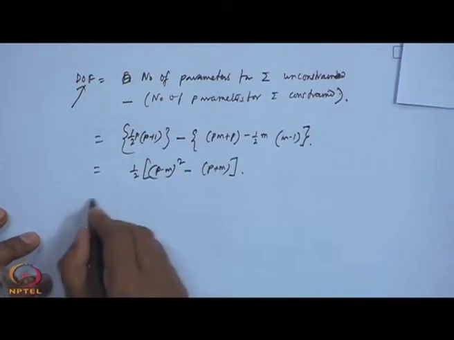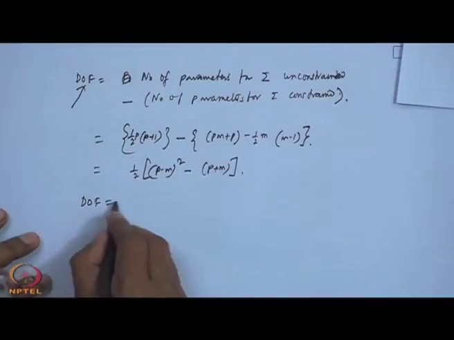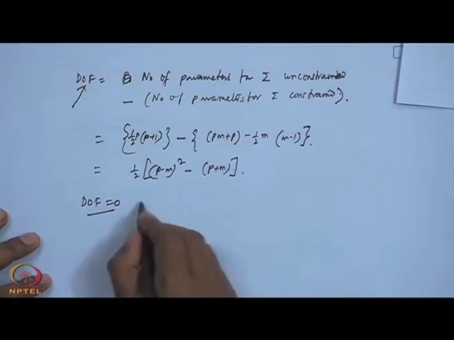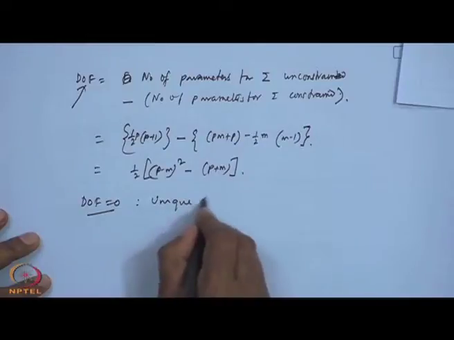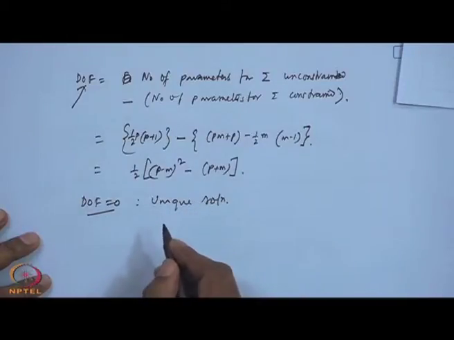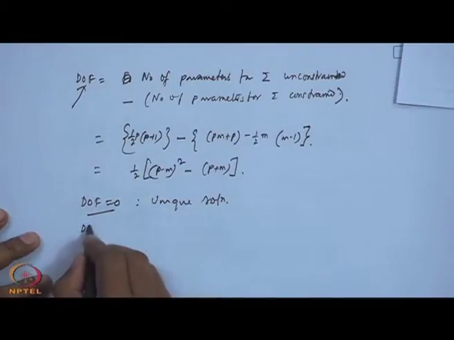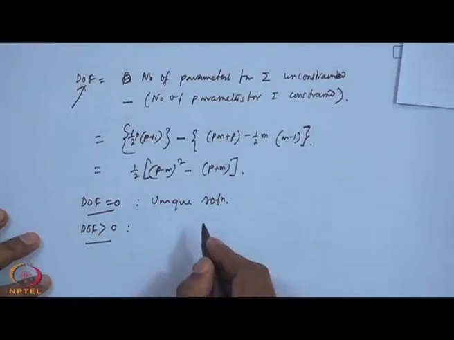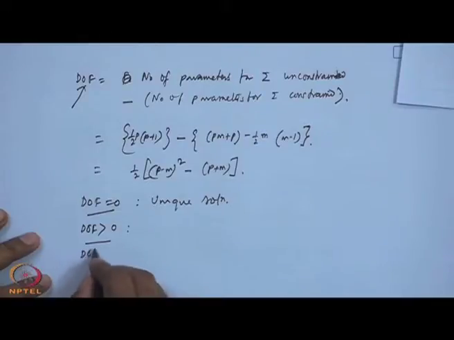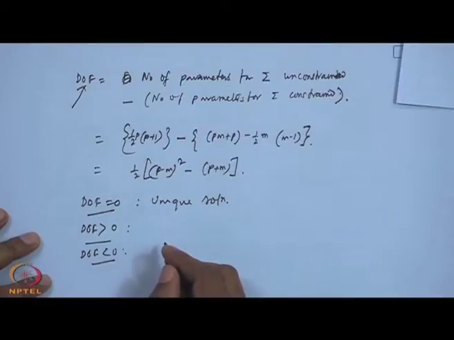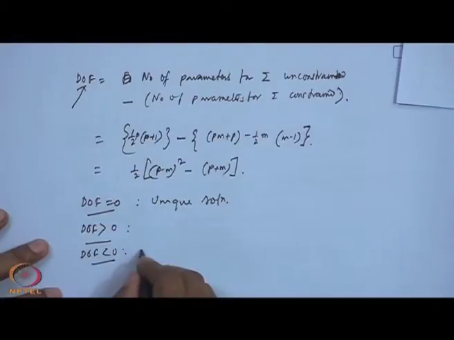Now, if your degrees of freedom DOF is 0, you will get a unique solution. If DOF is greater than 0, you have several solutions. And if DOF is less than 0, it is not determined, so we can say the factor model is indeterminate.